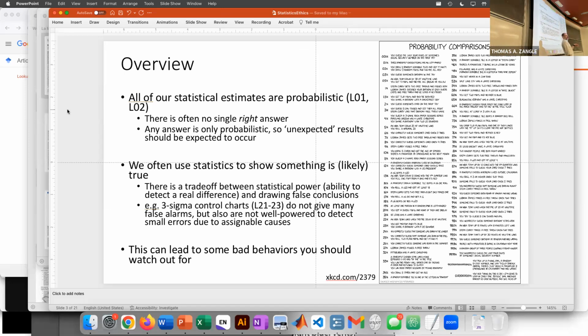So if you say that jelly beans do not cause acne to a level of significance of 0.05, and then someone comes around and finds some link between jelly beans and acne later, the fact that your original statement about it was only a probabilistic statement means a single counter example of that could just be a rare event.